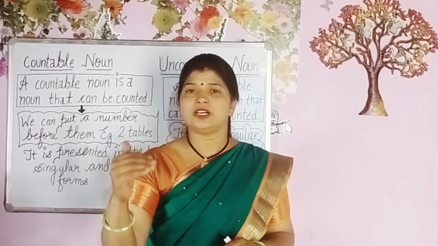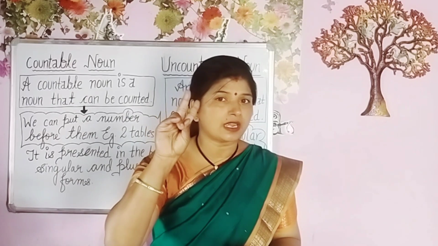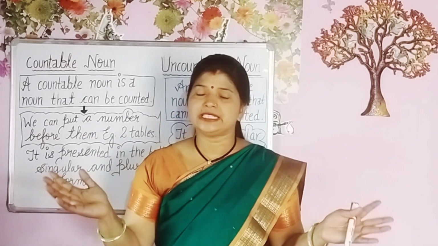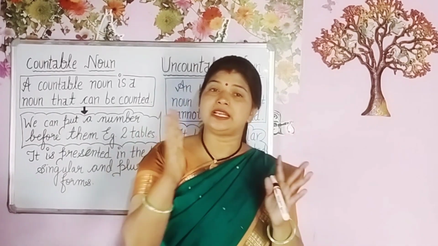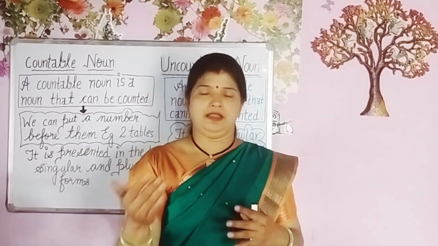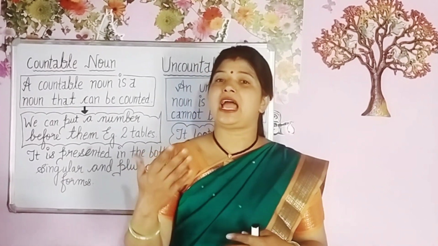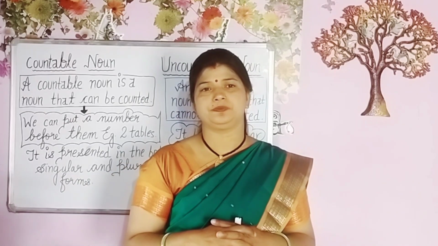In the first sentence it has been said 2 cats, ठीक है? We are talking about 2 cats. And in the second sentence, it has been said about the 5 rupees. So a number is placed in front of it. So we can say that a countable noun can be in singular form and in plural form also.